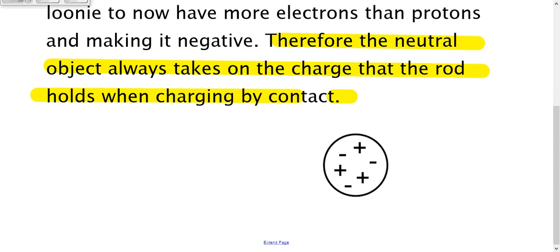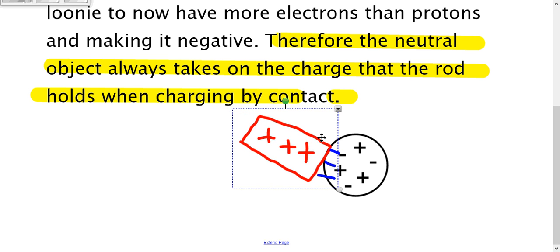If I have this rod, and I'm going to use my finger and draw things on now, I'm just going to show the excess positive charges. Again, in reality, there would also be some negative charges. As it comes near, what happens is those electrons, now this time they aren't repelled away, this time they're attracted because we know that unlike charges attract, and when they touch, those electrons are actually going to move from the neutral object onto my positive rod there.